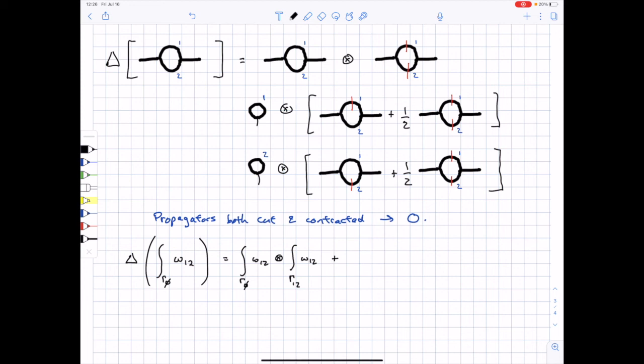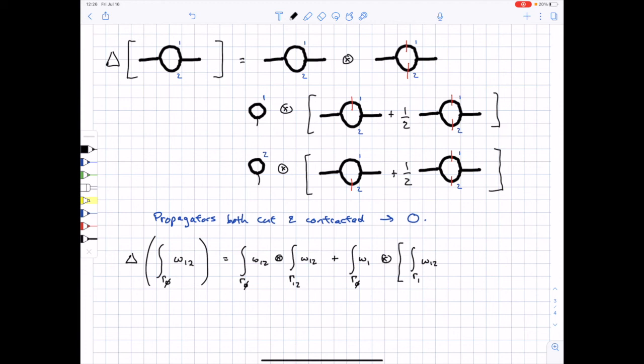Now in the second line, we have, in the beginning, one of the propagators has been contracted, so we have only omega sub 1. That's uncut. And then inside the brackets, we have now an integral with one propagator cut, propagator number 1 cut, so it is omega 1, 2 integrated over gamma 1.